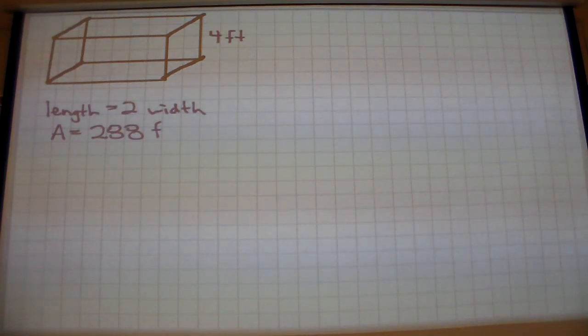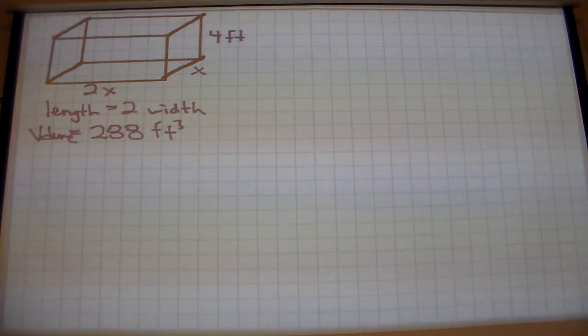Not the area, it'd be the volume, sorry. Volume. 288 feet cubed. So, if the length, let's go with the width. If the width is x, what's the length? 2x. Yeah, it's 2x.